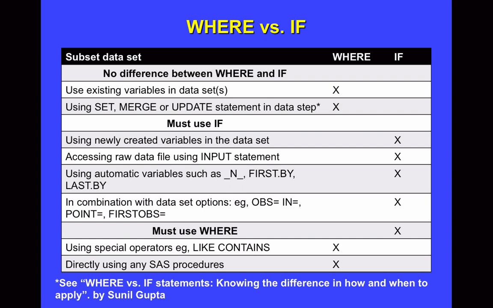You can use where statements to subset that, and we'll see examples of this throughout the course. For more information on this general concept of where versus if statements, there's a nice white paper that was put together, which I've referenced at the bottom of the slide. And I'll also provide this to registrants for this course.